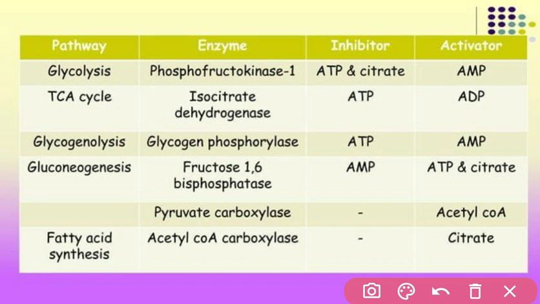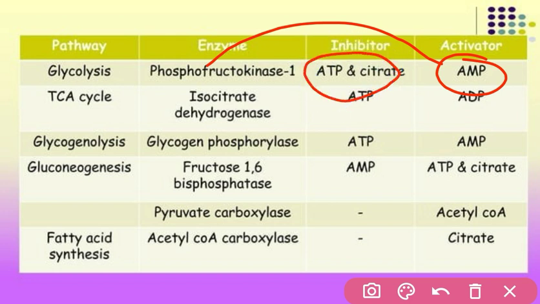PFK is allosterically activated by a high level of adenosine monophosphate. So here AMP is the activator of PFK. PFK is allosterically inhibited by a high level of ATP and citrate. So ATP and citrate are acting as inhibitors.